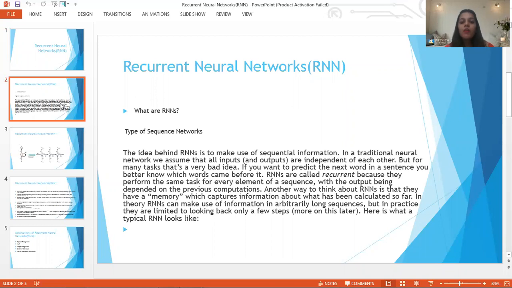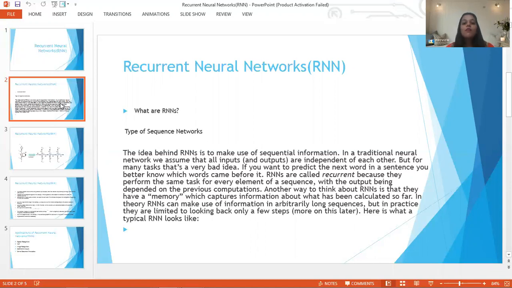So here, if you want to predict the next word in a sentence, like I type "online", right? It can be online document, online video, right? So different suggestions come up. If the system doesn't remember "online", every time I have to feed "online" to the system.